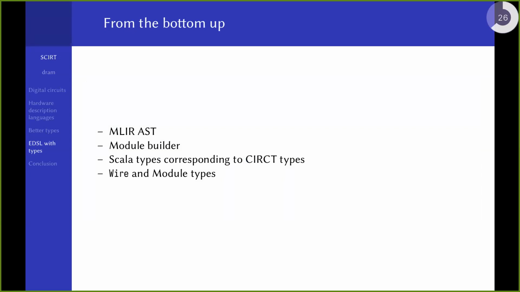So we're going to go through the process from the bottom up, but we're not going to go into too much detail; I will just show you a summary of what we have done. We are going to build an MLIR AST, like a Scala representation of the syntax tree.